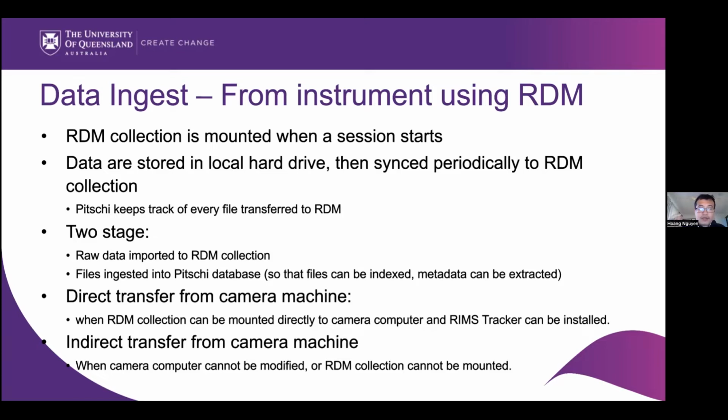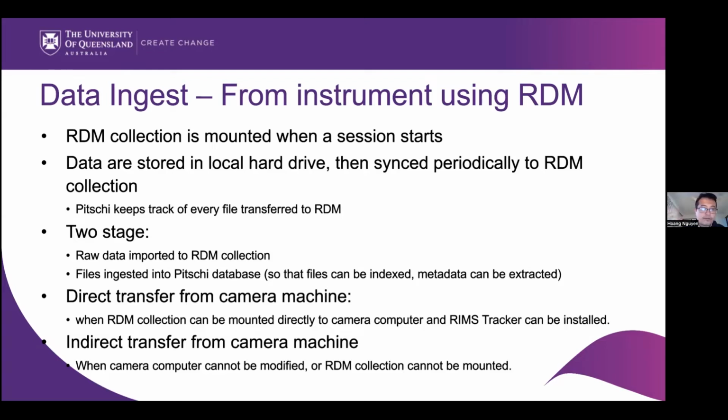And then in the second stage, the files or folders are ingested into the Pitschi database, so that the files can be indexed and metadata can be extracted for search later on. Now, as I said, there are two methods that we provide. The direct transfer from the camera machine to the RDM collection is suitable for most configurations where the RDM collection can be mounted on the camera computer.